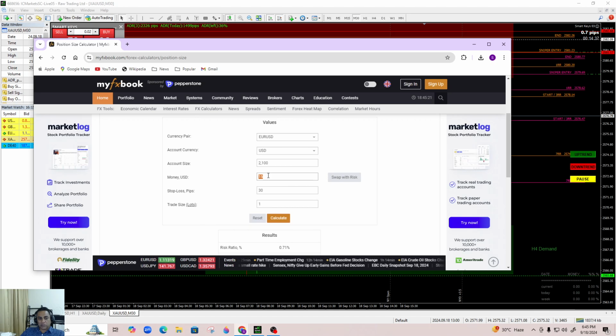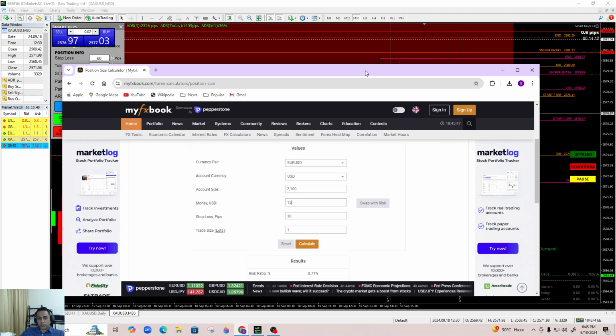So this is a decision that I'm making before a trade is open. I'm deciding to use only $15 with a 30 pip stop loss. That's the maximum stop loss, right? If that gets hit, the maximum I'll lose on this trade is roughly $15. Okay.